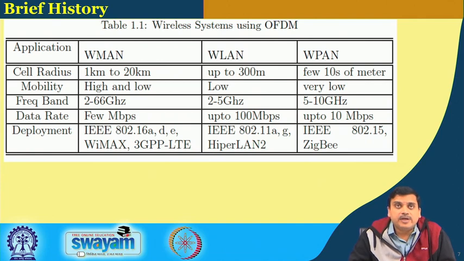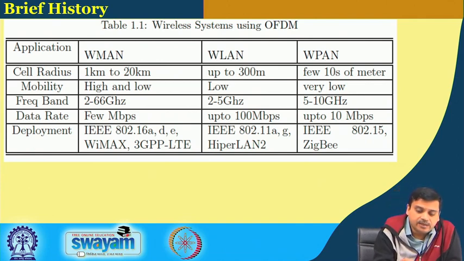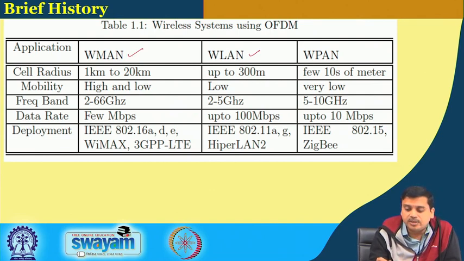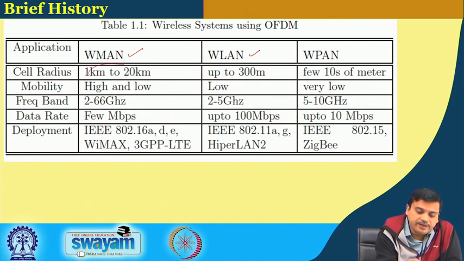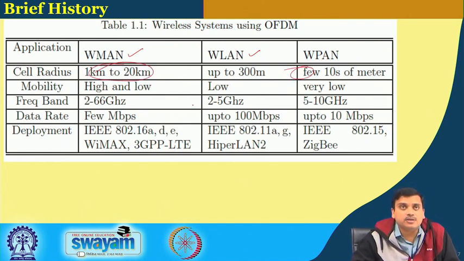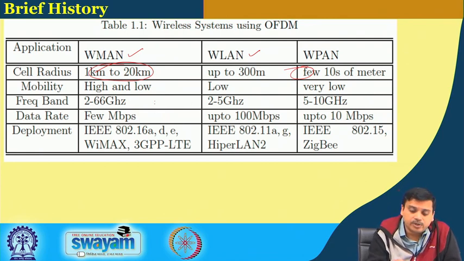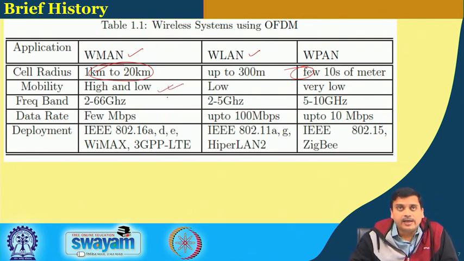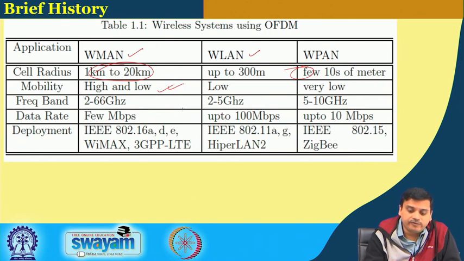Just a brief comparison of the application scenarios. Since it is used in WLAN, WMAN and WPAN, right from a cell radius of a few kilometers down to a few tens of meters, it is useful. It could support high and low mobility, and it could also operate in different frequency bands.